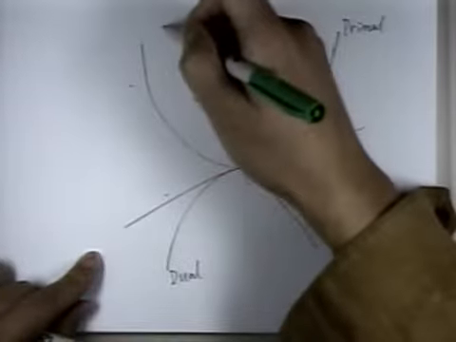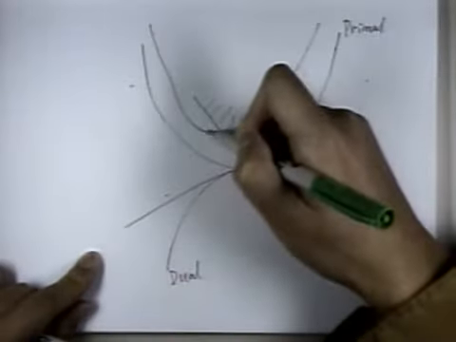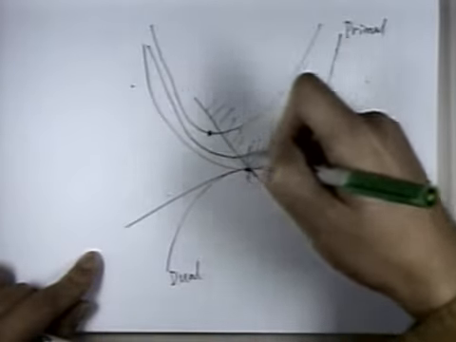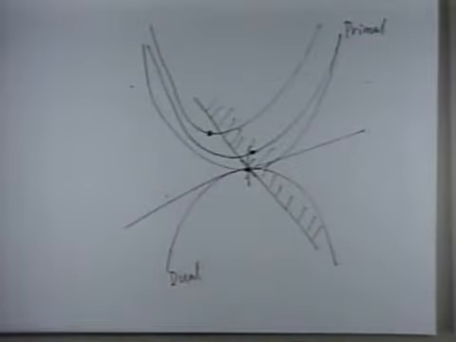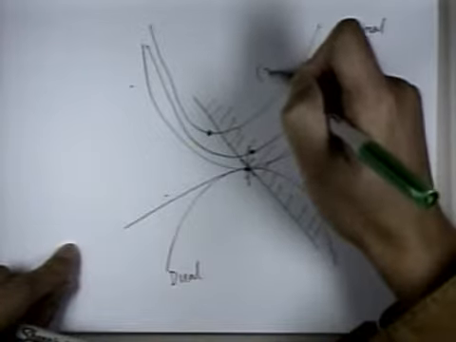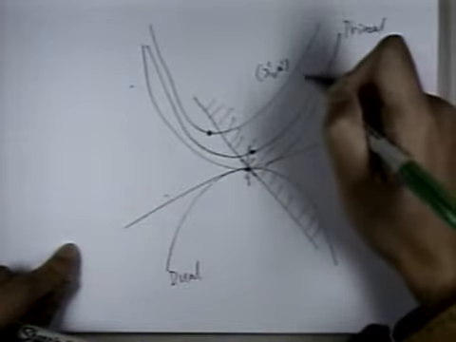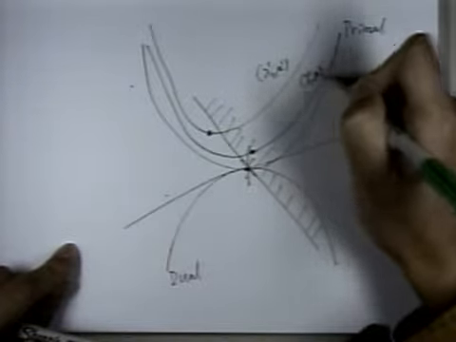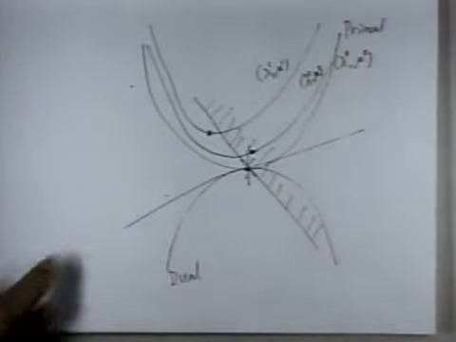Okay, you can have primal function this, where the minimum is here. You can have another primal function here, where the minimum is here, for instance. Okay, then you can say this is for some lambda 1 mu 1. This is for some lambda 2 mu 2. And this is for lambda 0 mu 0.